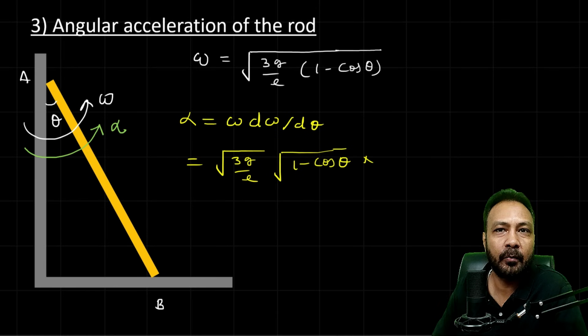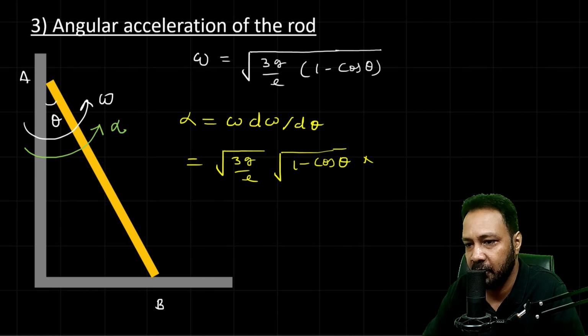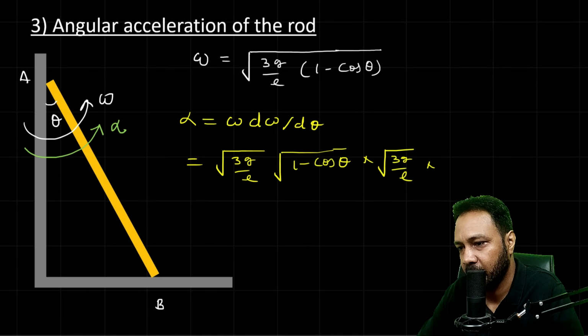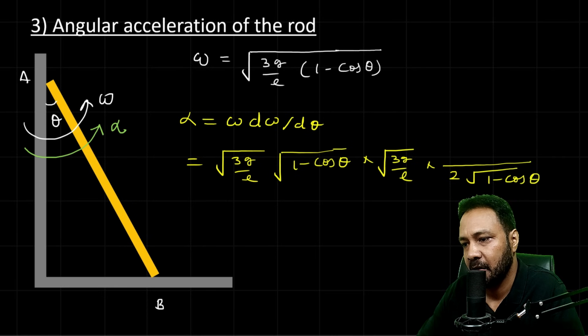When I differentiate for d omega by d theta, I will take square root of 3g by L outside, and then differentiate square root of (1 minus cos theta), and by chain rule I will get 1 upon 2 square root of (1 minus cos theta), and differentiating 1 minus cos theta gives just sin theta.